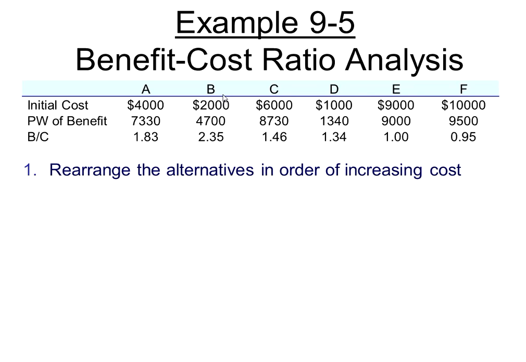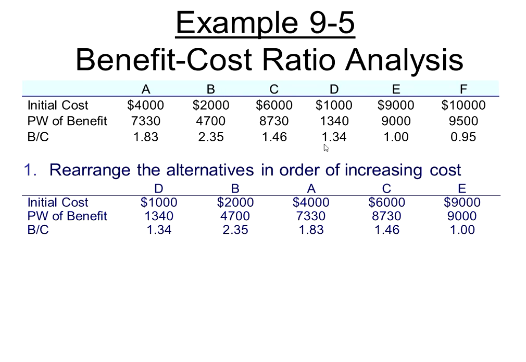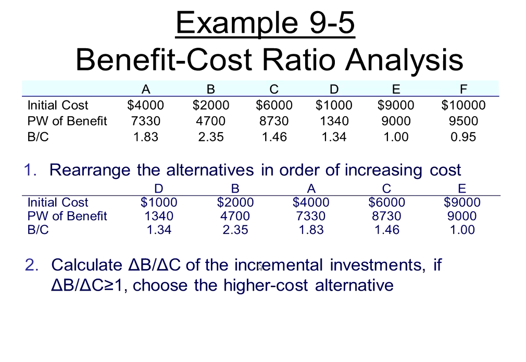So again, rearranging the alternatives, just like I said, D comes first, then B, then A, then C, then E being the highest initial cost. Then we calculate the incremental benefit to cost ratio, and if it's more than 1, then we choose the higher cost alternative.